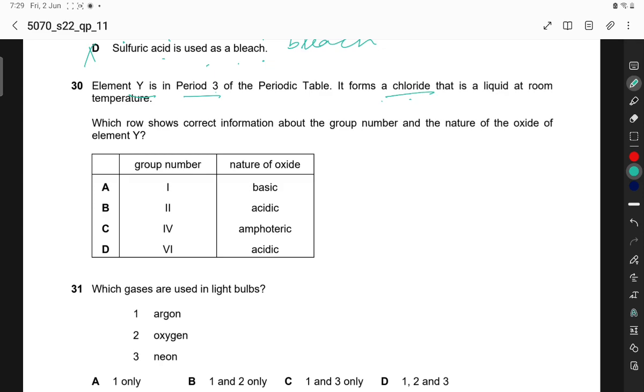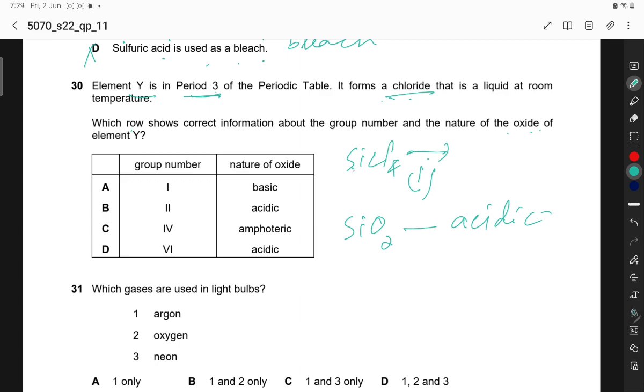It forms a chloride that is liquid. In period 3, the chloride SiCl4 is liquid, and its oxide is acidic.